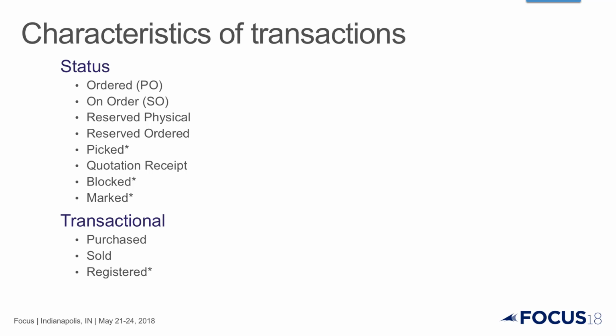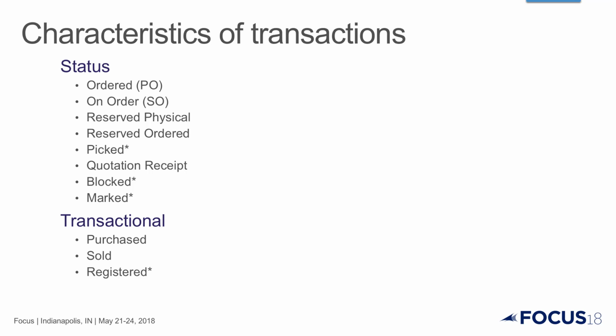Whereas physical reserved ordered is something that's much harder to control. Whereas marked implicitly says this purchase order, or this part of this purchase order, is going to go to this sales order. So marking is a better way of using that reservation logic, because then that means I've implicitly said I want it to go to this particular demand.